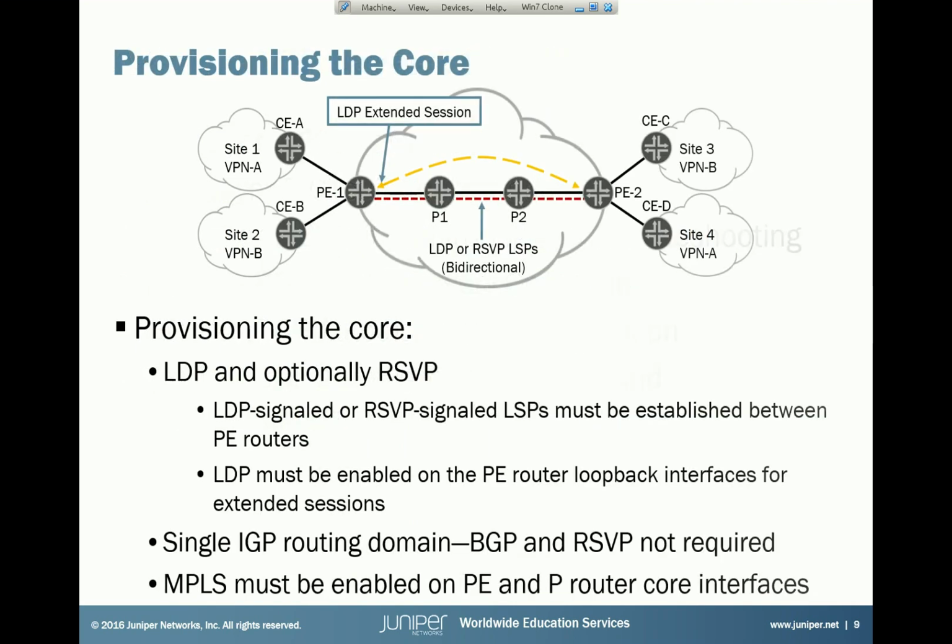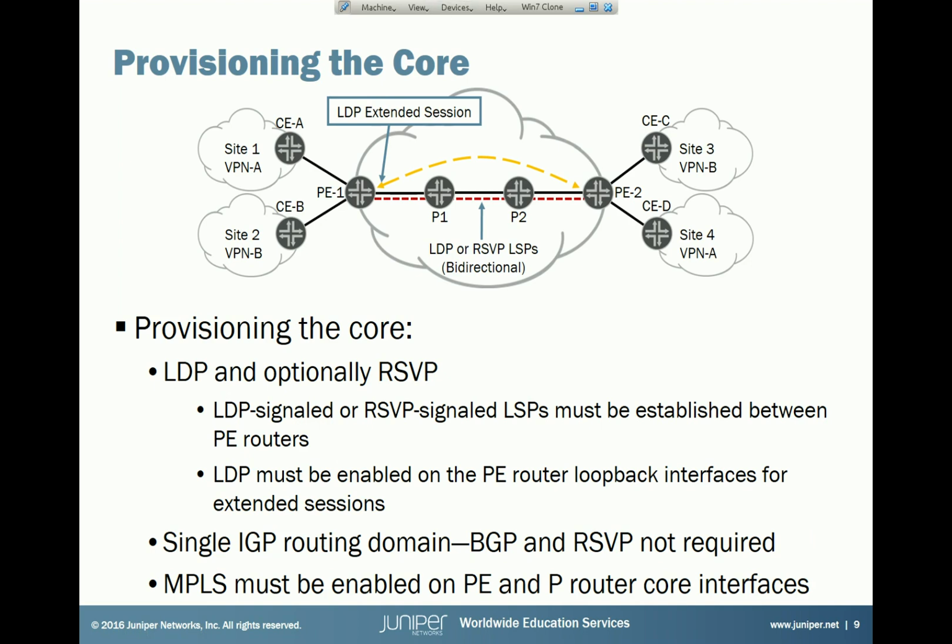So let's have a look at the configuration. What do we need? Basically we need a mesh of bidirectional LSPs, from A to B and from B to A, between all PEs. Then on top of this, you need to enable LDP on your loopback interfaces.